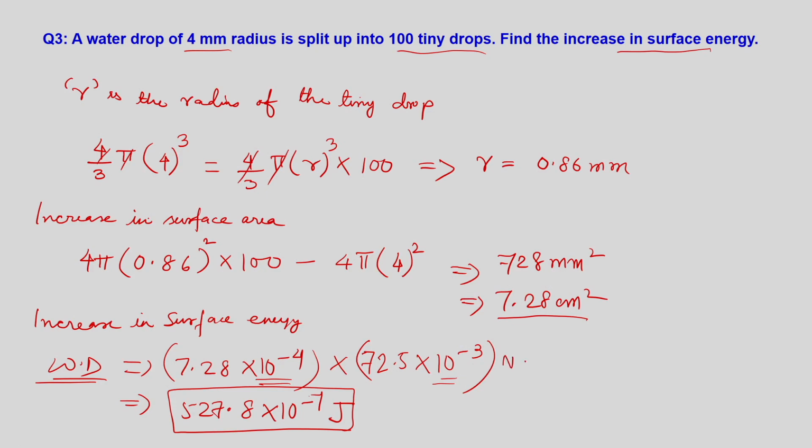So, this is Newton per meter, this is meter square, so it will be Newton meter. So, it is joule. So, that much is the amount of surface energy which will increase if it is split into 100 tiny drops. So, I hope the concept of the surface tension is clear. We will now move on to the temperature effect on surface tension.